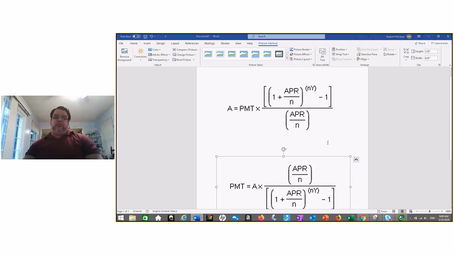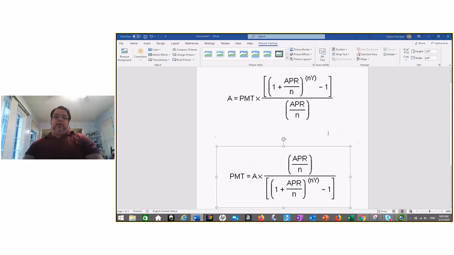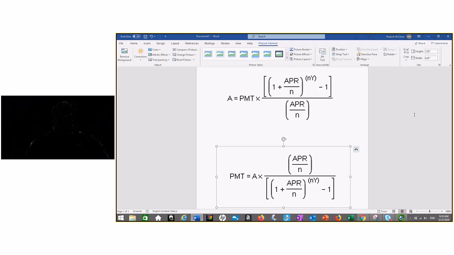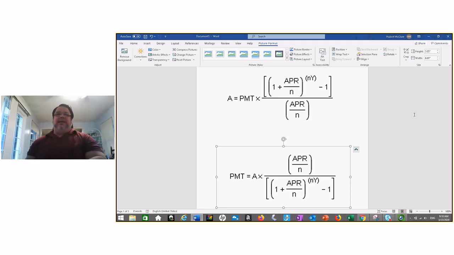Now remember, I don't use the N and the APR, so that's payment times 1 plus R over N to the NT power minus 1, over R over N. And then payment is equal to the amount that you want times R over N, over 1 plus R over N raised to the NT power minus 1. And those are the two formulas we're going to work with today.